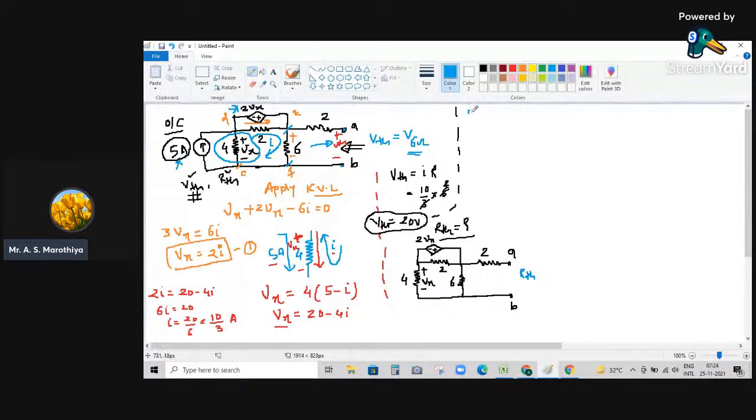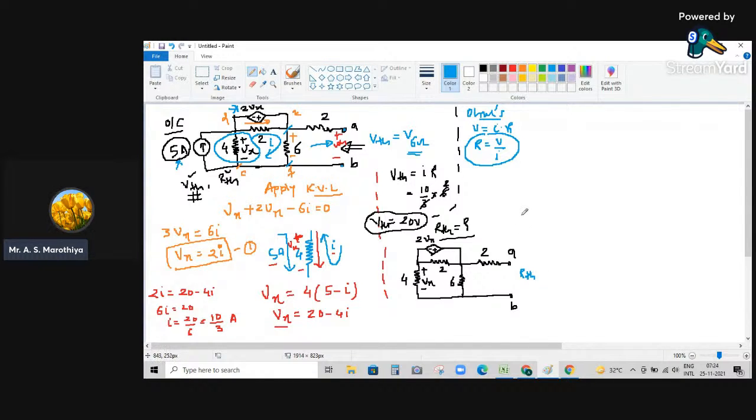According to Ohm's law, we can write V equals I into R. To calculate the value of R, I can write this equation as R equals V by I. So this technique we need to implement in this particular case. Our objective is to find the value of RTH.